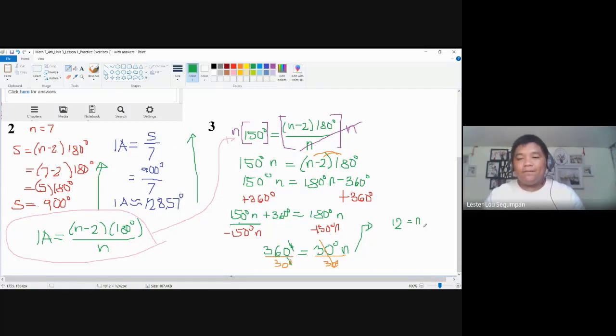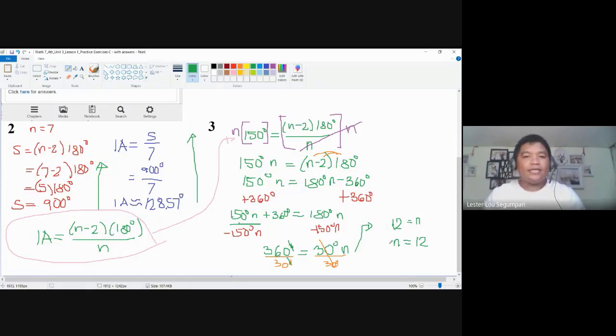And at the same time, n means sides, and the number of sides does not have a unit. So we have 12 is equal to n, or by symmetric property, n is equal to 12. So this is the result using the backward method of number 2 to solve for the value of n.